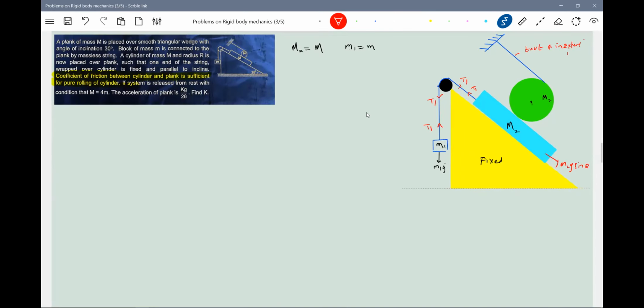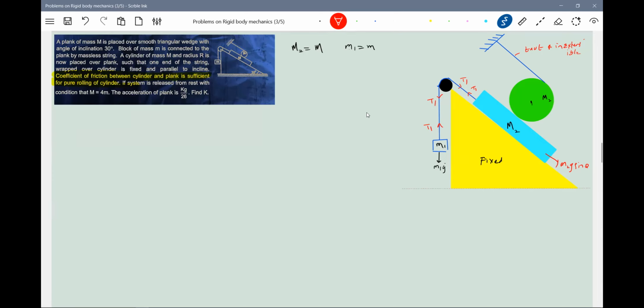There's a primary condition, no? Now you start with this condition. Whenever a rolling body is connected to a string and the body is rolling, look at the string: the string must be taut and inextensible. Keep that in mind. Now proceed here.